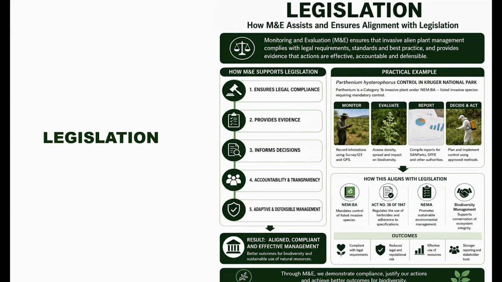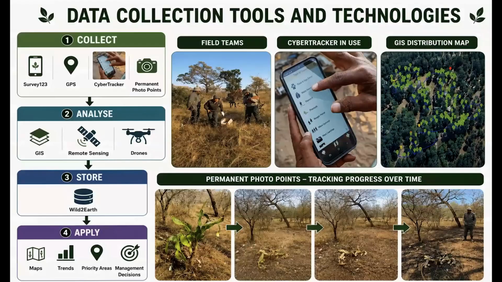And also it assists in terms of us making decisions, and also from an accountability and transparency point of view. And also in terms of justifying why we have changed the way we are doing things. So monitoring and evaluation is important from a legislation point of view.